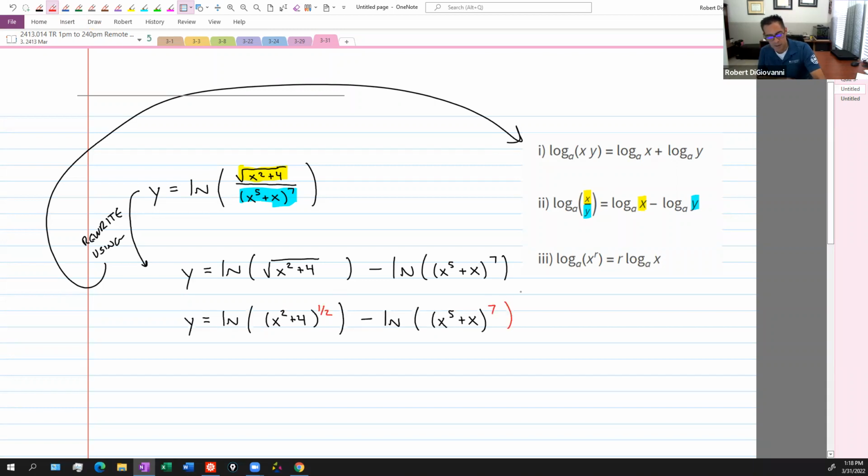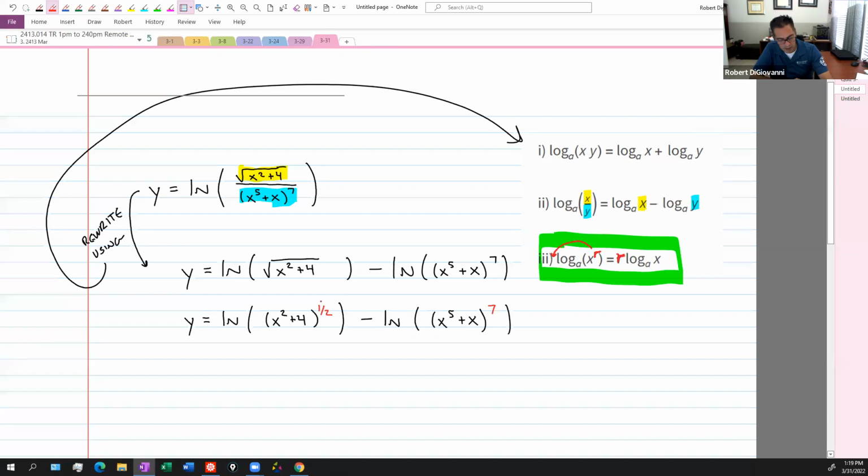Now I'm highlighting the 7 and the 1/2 in red because I want you to see the third property. It says if you've got something raised to a power r, that r can come out front and sit in front of the log. So powers can come down.